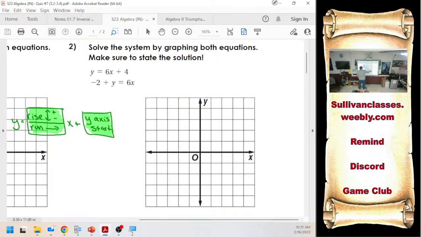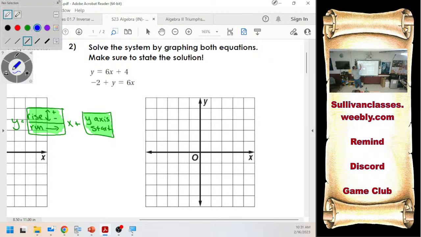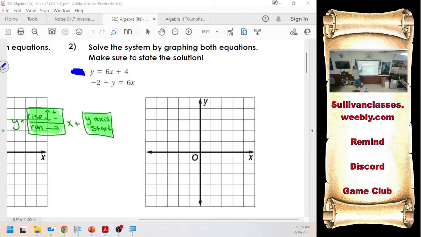Okay, contestant 2. First one's easy enough. I'm going to start at 4. I write my slope as 6 over 1. I go right 1 and up 6. Uh-oh, I can't do that.